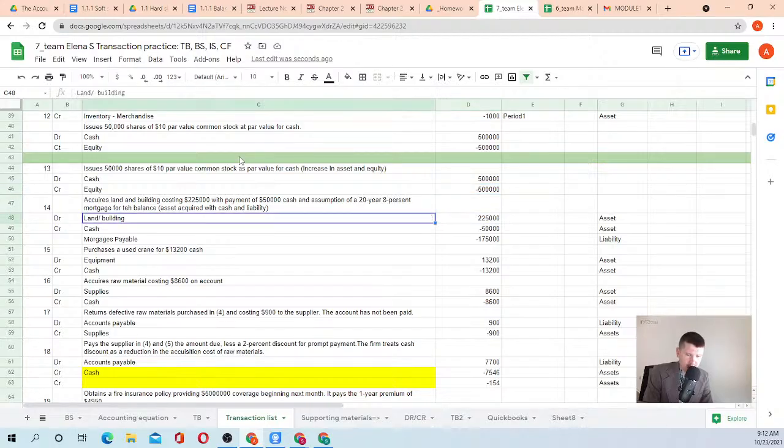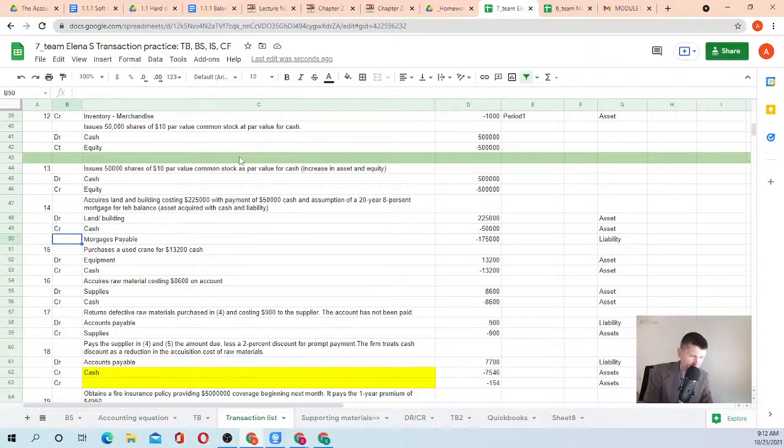Okay, so we acquired a building, we paid 50,000 cash, and we spent $175,000 on it. Building is an asset. Asset increases by debits. So that's right. Cash, we paid out cash. Cash decreased. Asset decreases by credit.